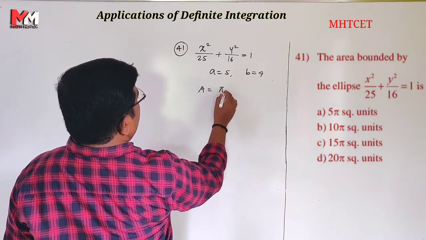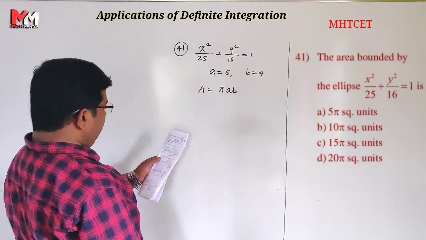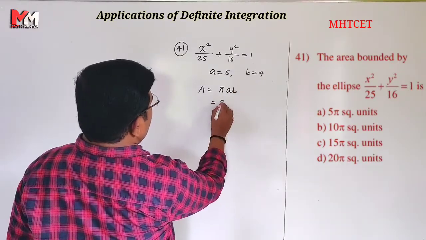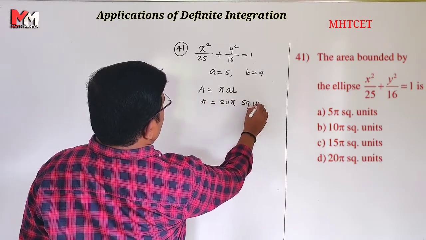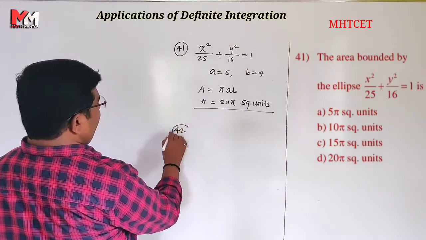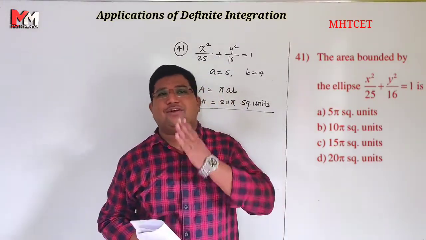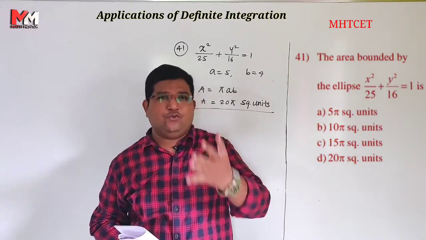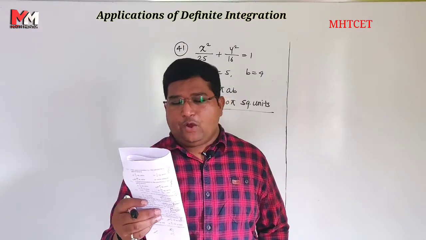Pi into ab, so the answer is 20 pi square units, this is the required area. So 41 is very simple by using the shortcut, pi ab, a is 5, b is 4, 20 pi square unit, that is the answer of 41.